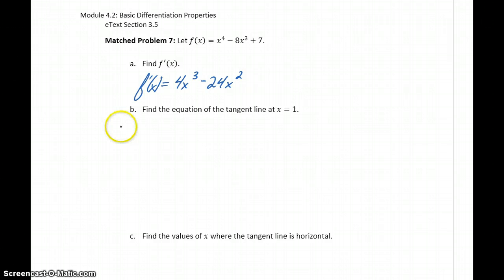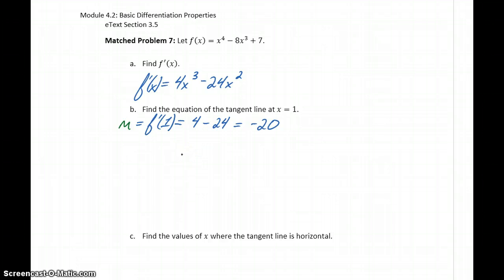In order to do that, the first thing we need to do is find the slope of our tangent line. So the slope of our tangent line is going to be our derivative function evaluated at x equals 1, which is going to be 4 minus 24, or negative 20.